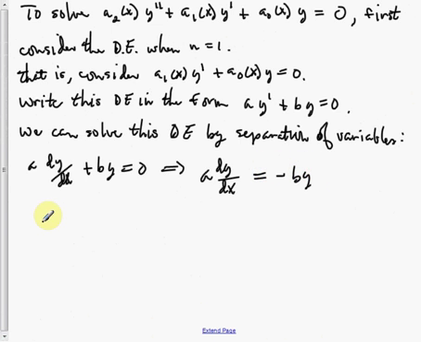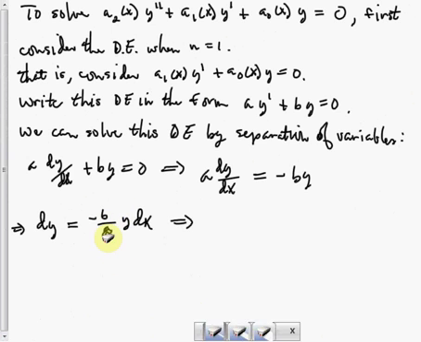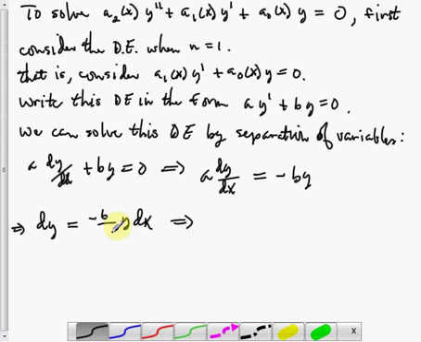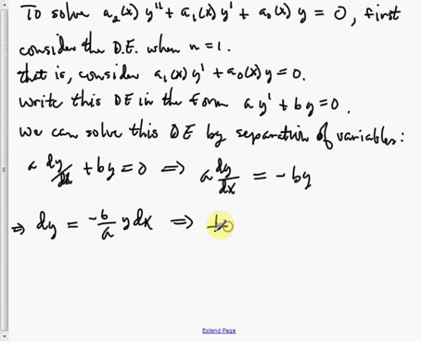And so this becomes dy is equal to negative b over a times y dx. Let me get the y on the other side. I should have done that. It's an a there. So this is 1 over y times dy is equal to negative b over a times dx.